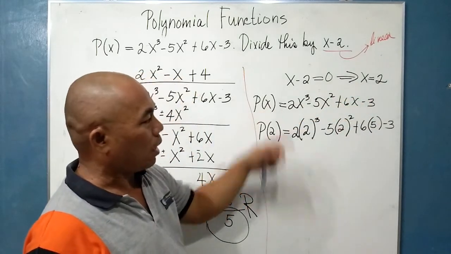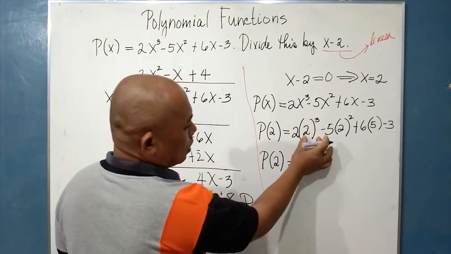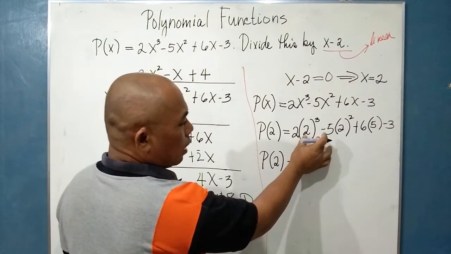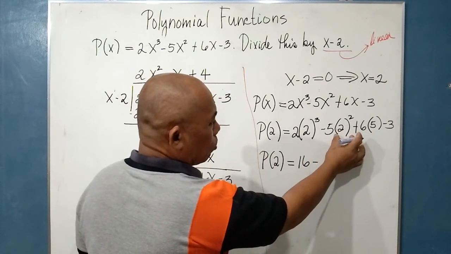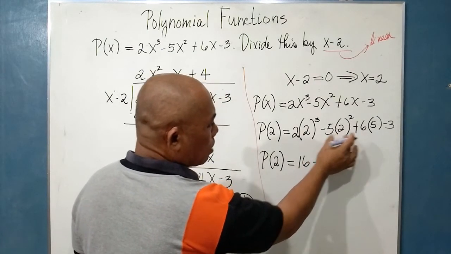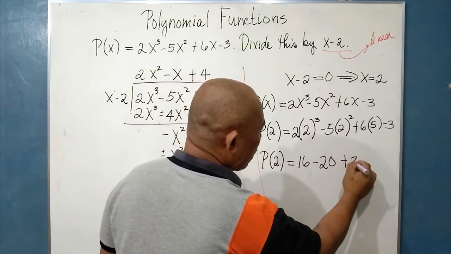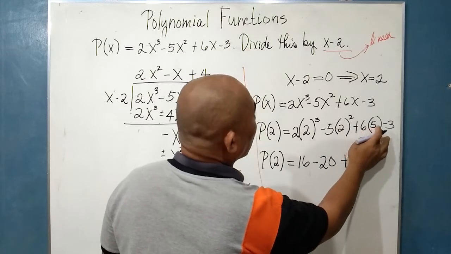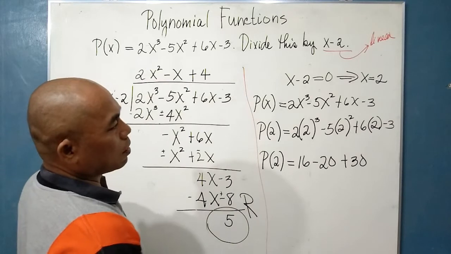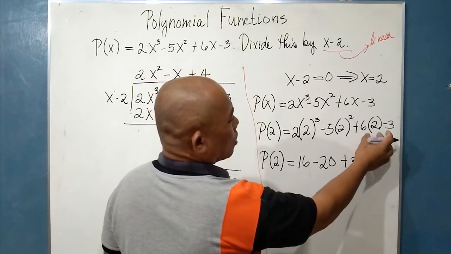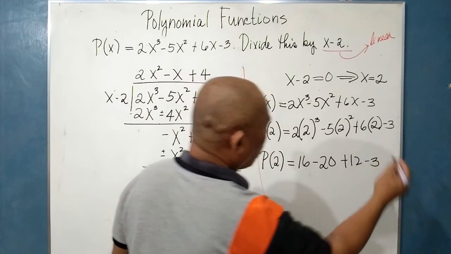So may atong gigamit dire. Okay, so p of 2 equals, this is 2 cube, that is 8 times 2, 16 minus 2 squared is 4 times negative 5, negative 20 plus 30. This is not 5, this is 2. So, nasayo ko pagsulat, no? Pasensya na. So, 6 times 2, that is 12 minus 3.